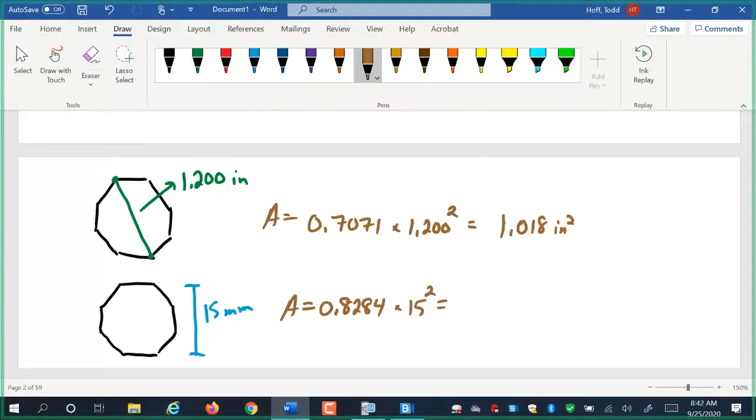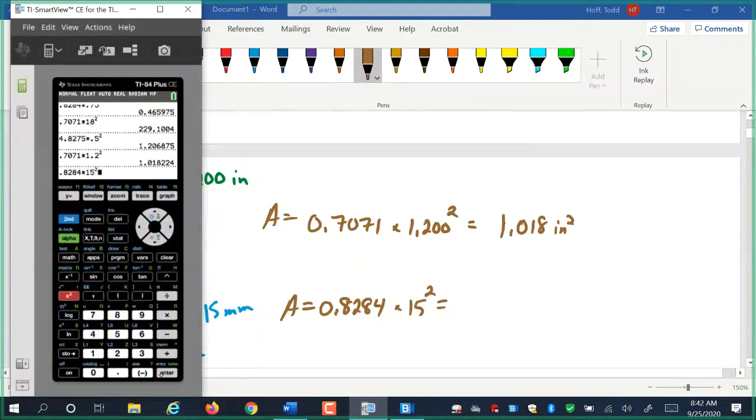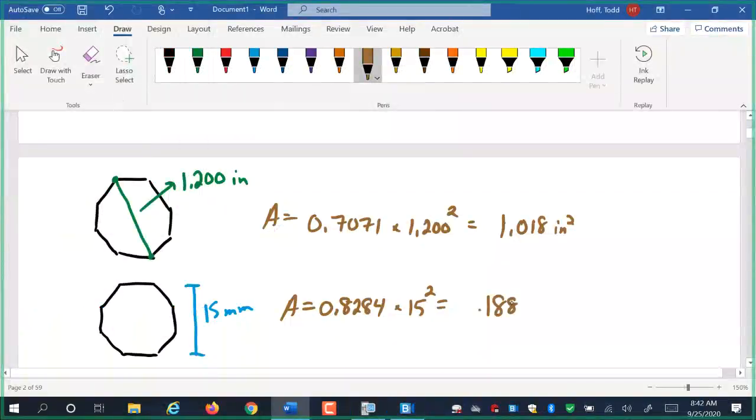So when we have that flat dimension, the area is 0.8284 times that dimension squared, which gives us 186.39 millimeters squared.